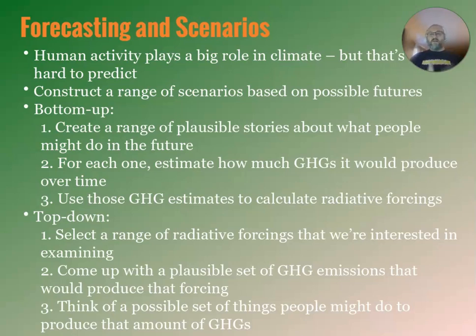Maybe you have one very optimistic scenario where people become very educated about climate change and they realize the negative effects, but then also we develop a bunch of new technologies very quickly that help us to do things without emitting so much greenhouse gases, and so we reduce our emissions very quickly. Right? That might be one scenario. That's one thing that might happen. That's a plausible future. Right? You could write a science fiction story about that future, and people wouldn't dismiss it as being ridiculous.